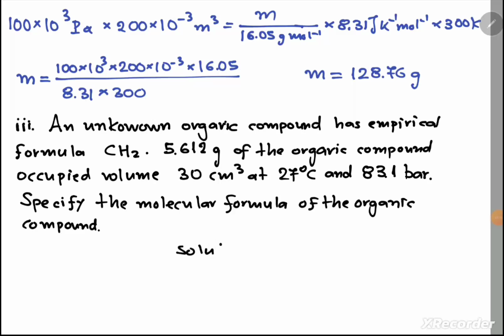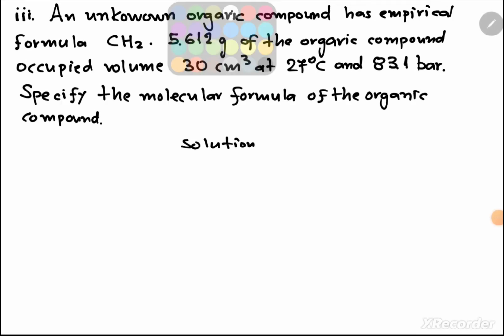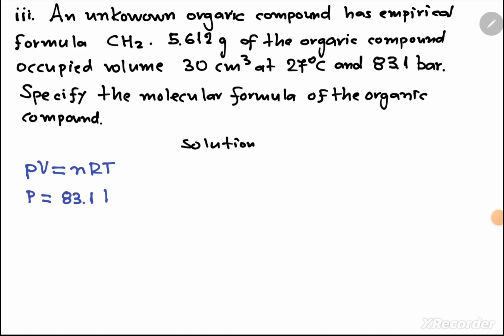Let's see the solution. We have again one condition for the gas, so we'll use the ideal gas equation. Pressure is equal to 83.1 bar, and we have to convert to Pascal. So we have 83.1 times 10 to the 5 Pascal. Volume is 30 centimeter cubed, and we have to convert to meter cubed.